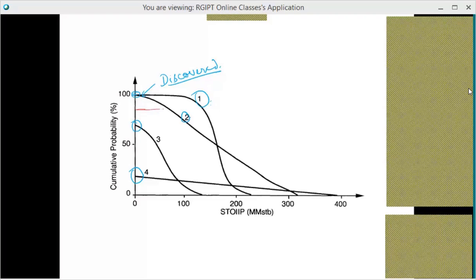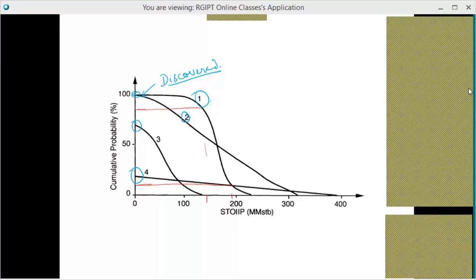If I draw P90 here and P10 here, the difference between the two is not that big. So it is midway in the development phase, because you know more and more about the reserves.